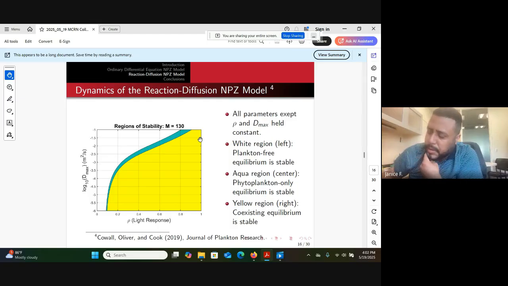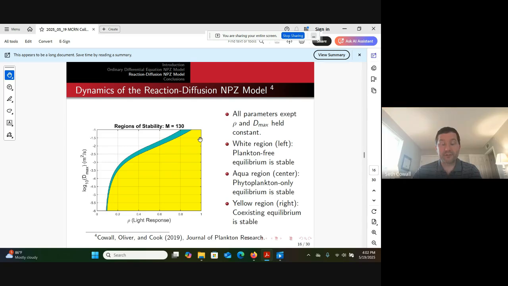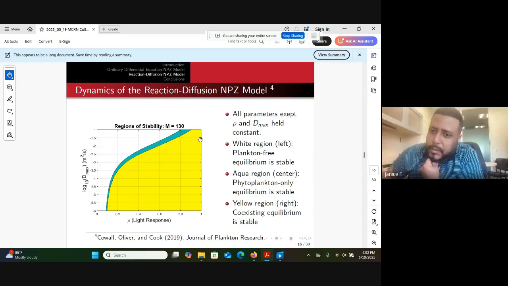Another question that I have is, do you have any boundary conditions for your PDE? Yeah, no flux at the surface and at the bottom. I see. And then your 3D system of ODEs, it is dimensionless, correct?